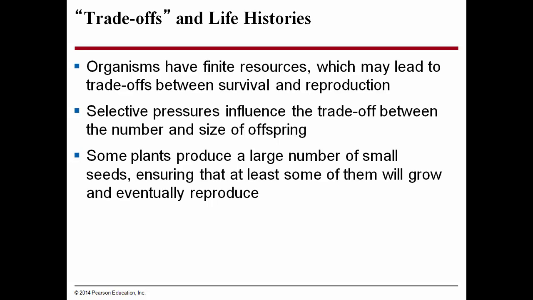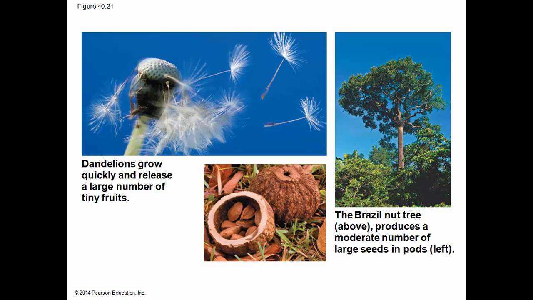Some plants produce a large number of small seeds, ensuring that at least some of them will grow and reproduce eventually. Dandelions grow quickly and release a number of tiny fruits. You're all familiar with that. That would be like an R-selected species. A Brazil nut tree produces a moderate number of seed pods, shown here on the left.